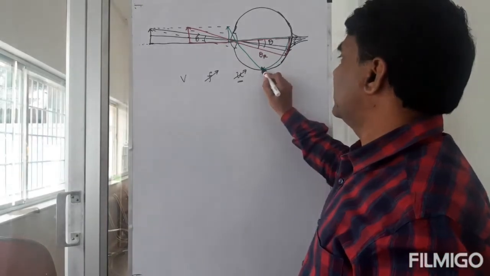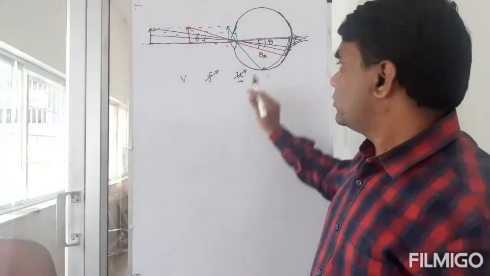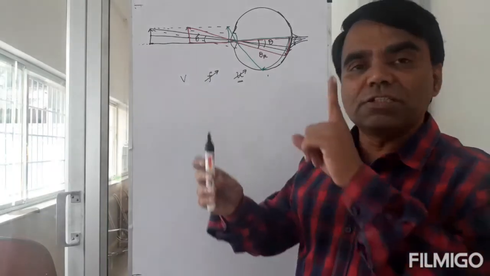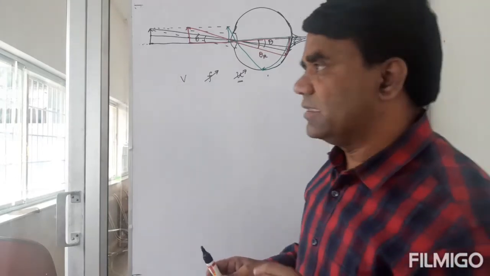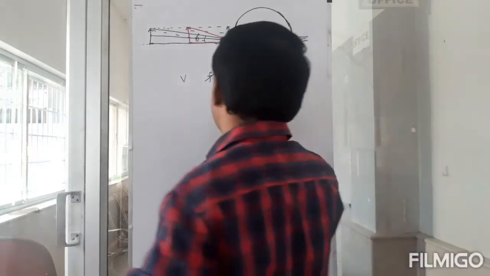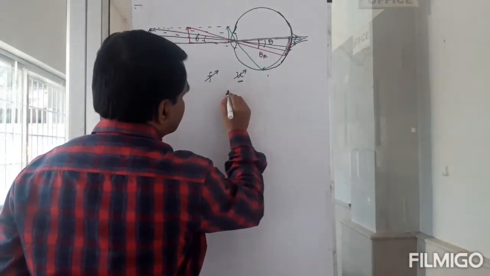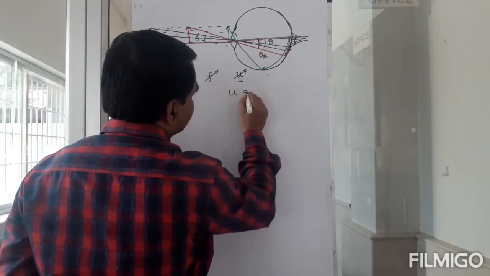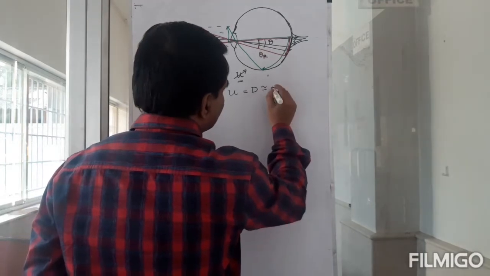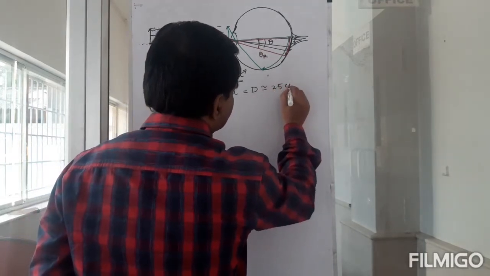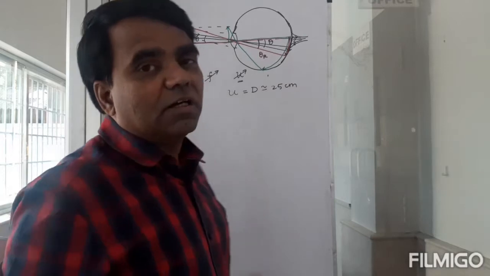The image will not be here. So that is why you are not able to see this. So now I need to know the distance. What is the distance? The u in that case is called d, and this is approximately equal to 25 centimeters for a normal eye.